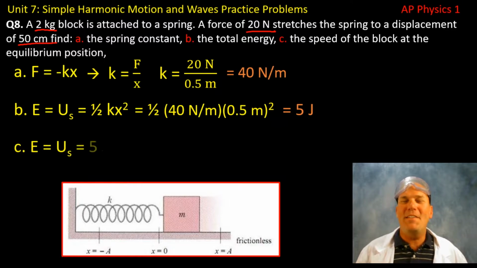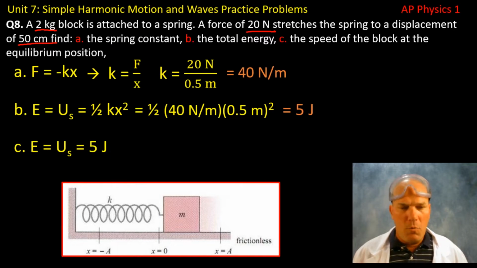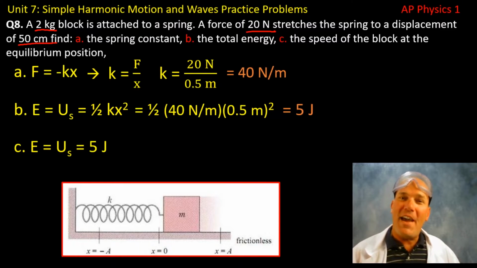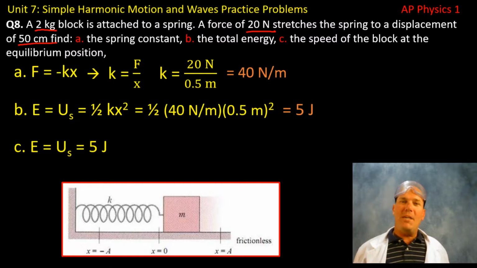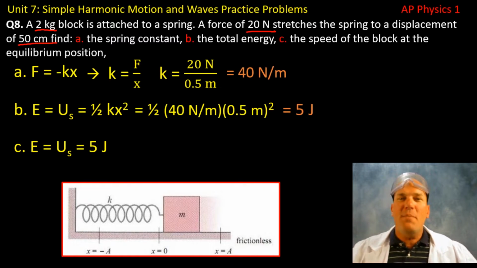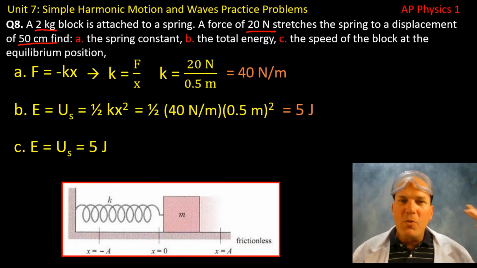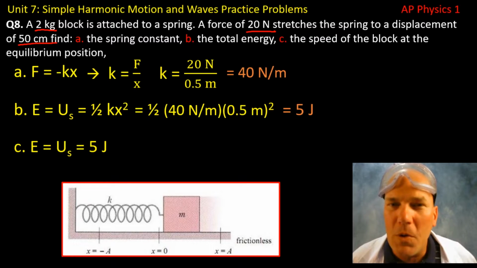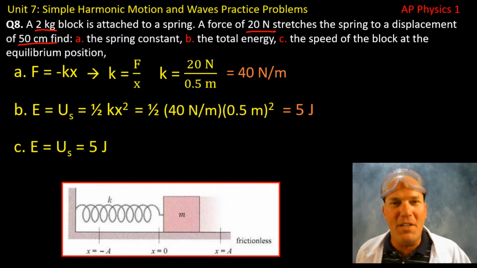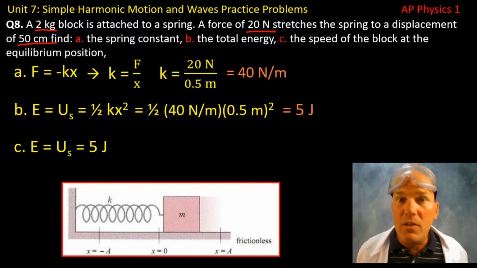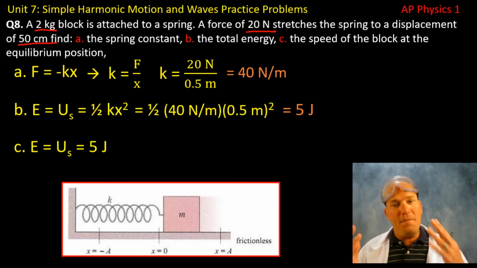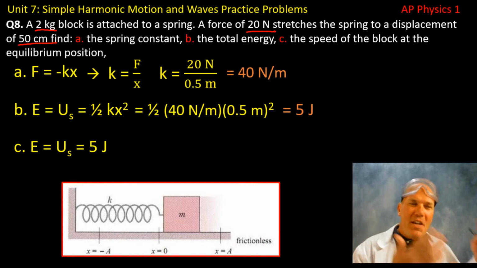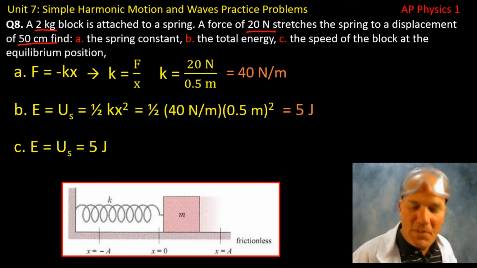And in C, we want the speed of the block at equilibrium. Well, after question 7, I hope you're good with the fact that this speed will be at its greatest magnitude. It'll be the greatest velocity when the object passes through the origin, because all spring potential energy, or all mechanical energy for that matter, i.e. 5 joules, is converted into energy of motion, 1/2 mv squared.